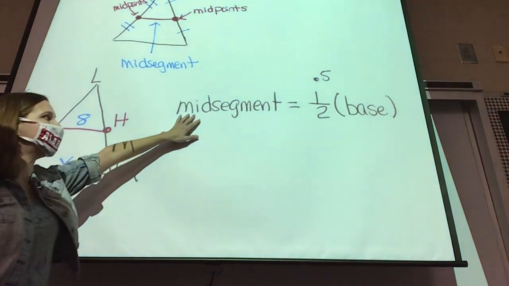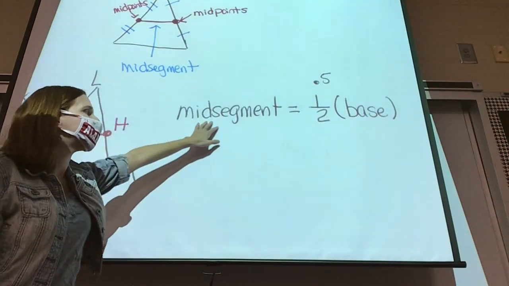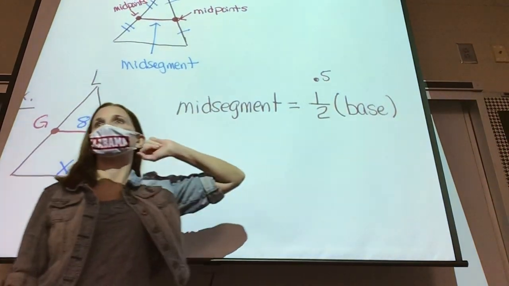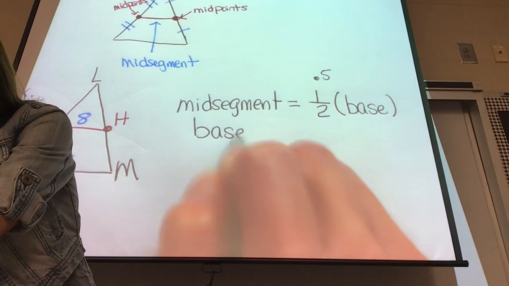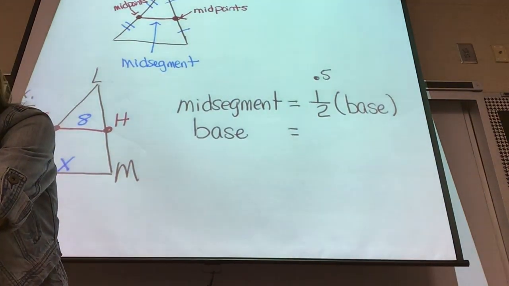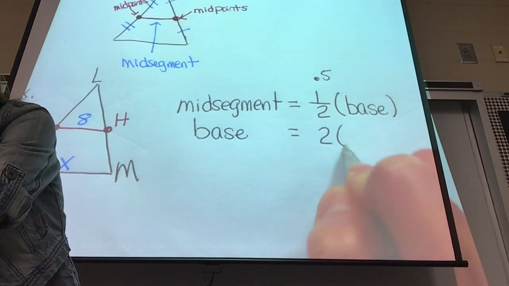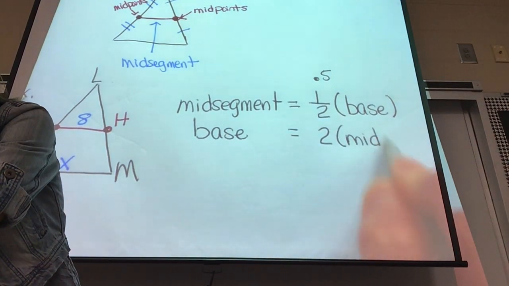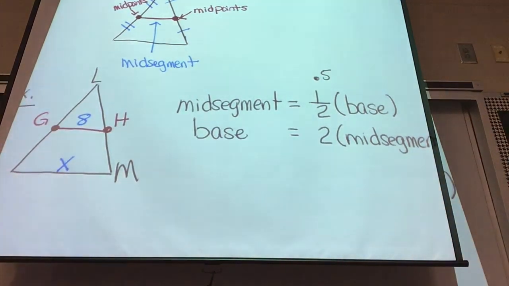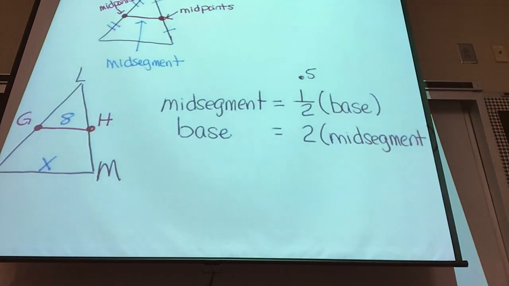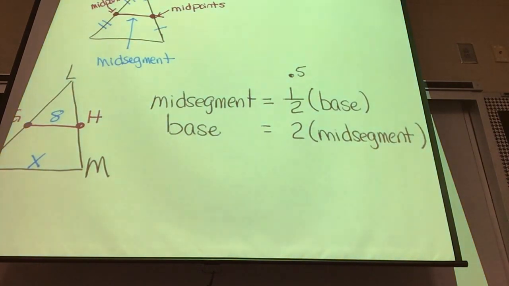So if I want to find the mid-segment, I'm going to take half of whatever the base is. If I want to find the base, then I want to do 2 times whatever the mid-segment is. Those are the two formulas that I need to remember. The mid-segment is half of whatever the base is, and the base is 2 times whatever the mid-segment is.